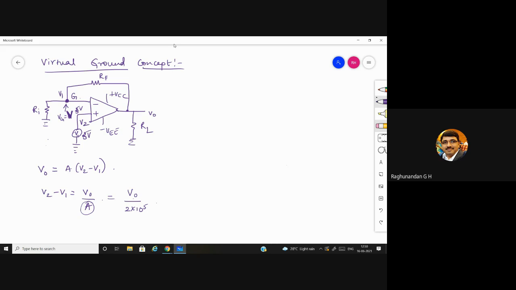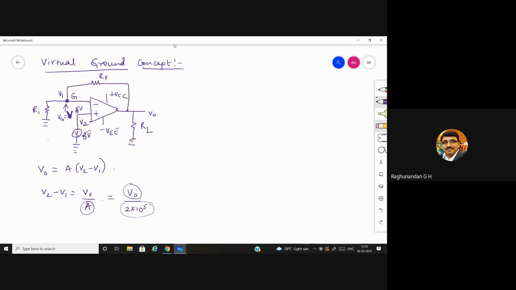See, can you imagine, or in simple words, can the output voltage ever become greater than 2 into 10 to the power of 5? No, sir. Voltage can never become 2 lakh volt.